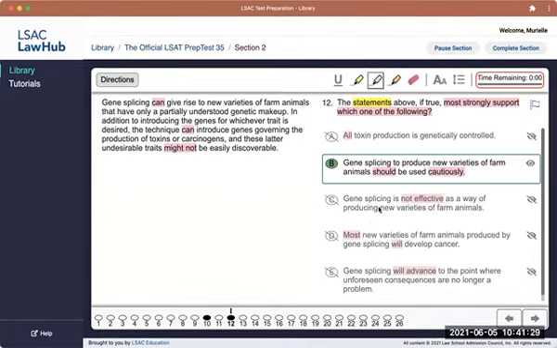And C, the opposite, is kind of supported, so maybe that one's at the very bottom. But making these predictions about the future, actually, maybe A is the second most supported, even though we only know that some toxin production is or can be genetically controlled.